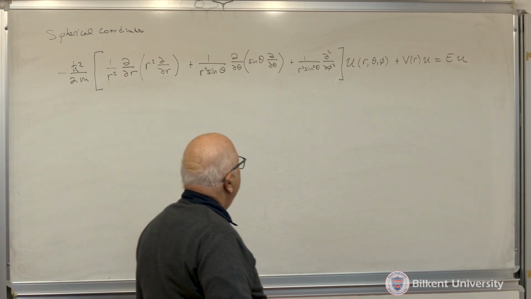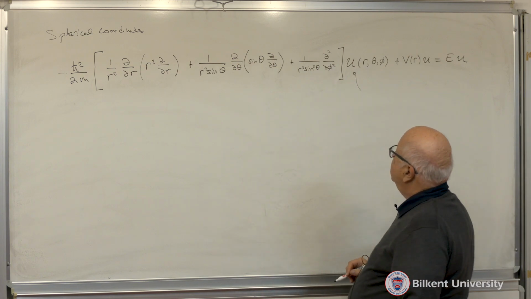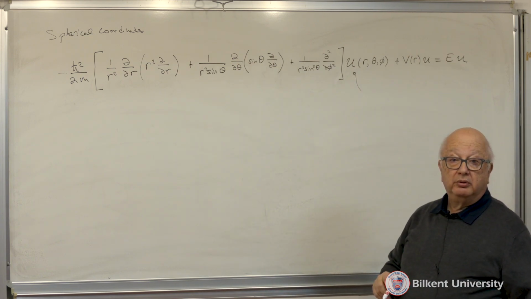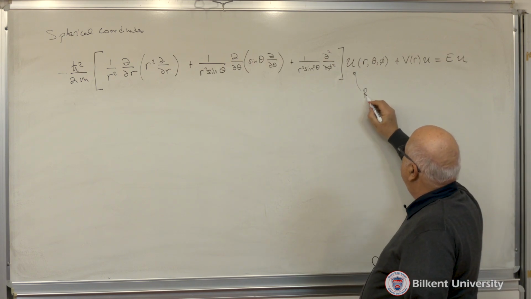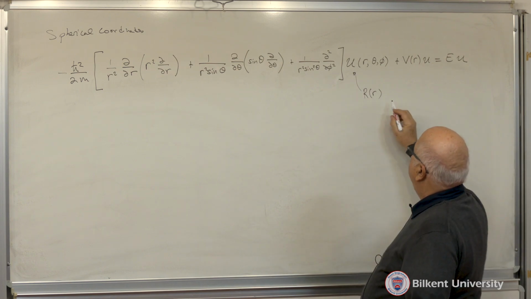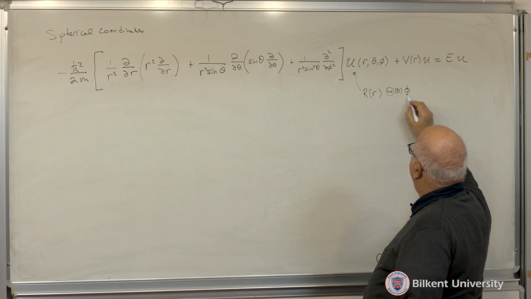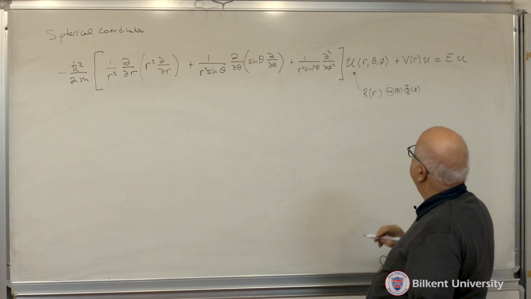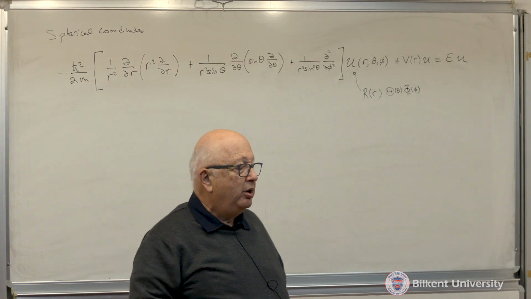I'm going to separate this u into pieces. So I'm going to have R of r multiplied by Theta of theta, Phi of phi. That will be the form I'm going to use.